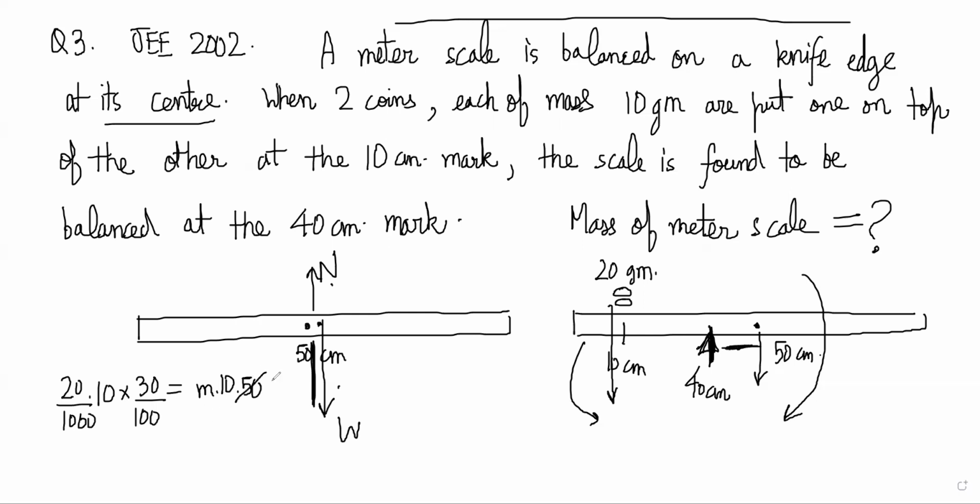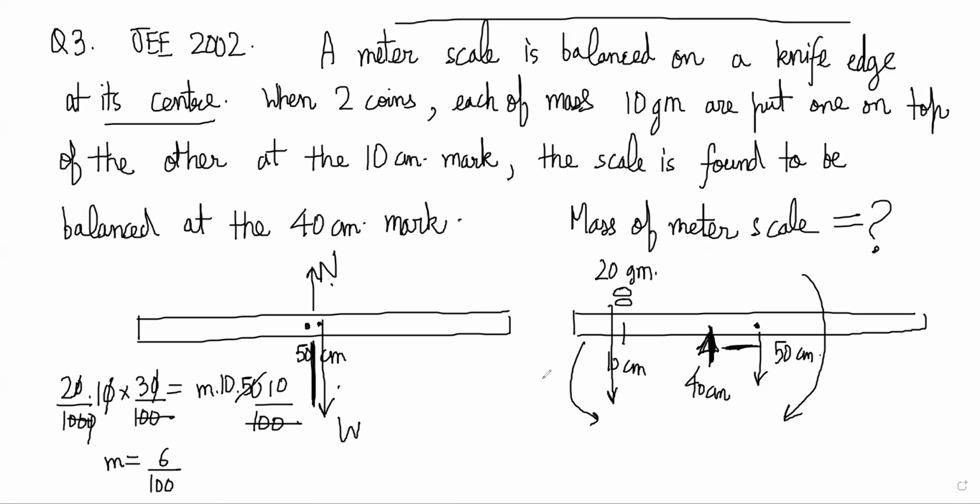All the cancellation happens, and you get 6 by 100 equals m, right?